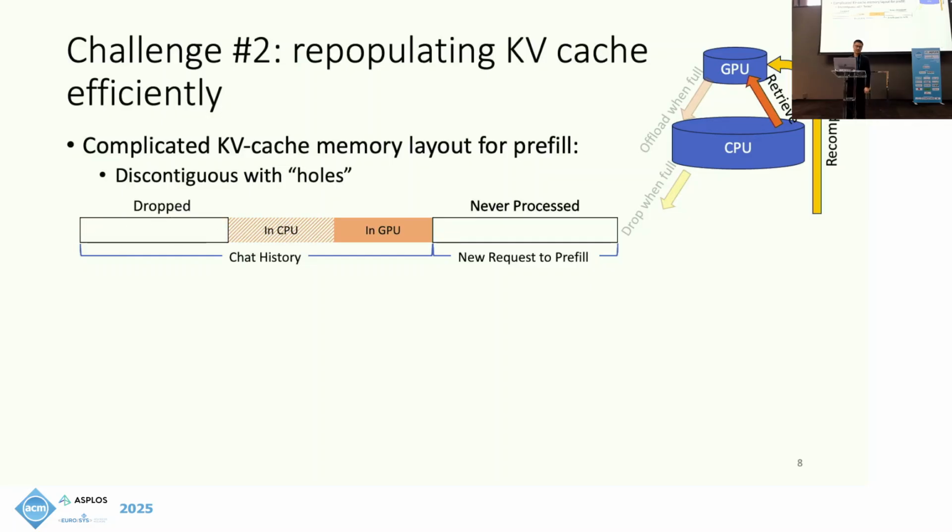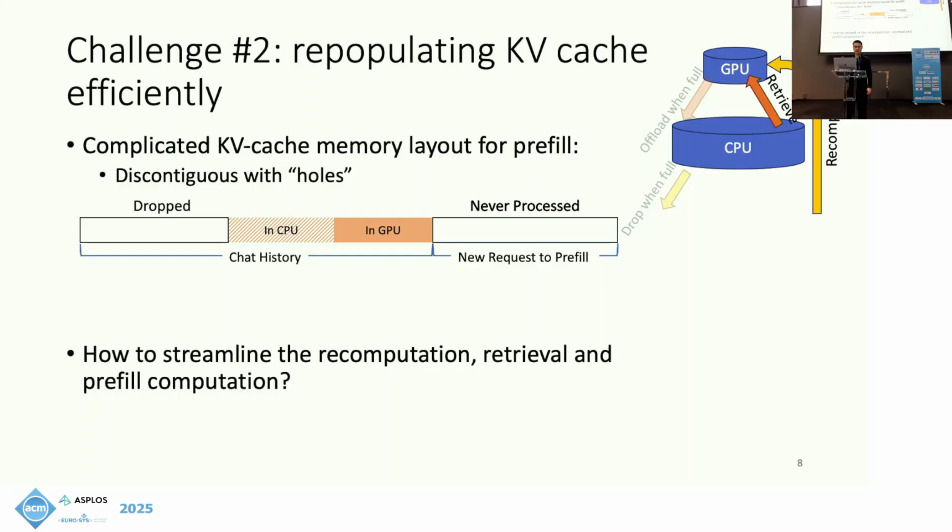But as CPU also becomes full, we drop tokens out of the system. This creates this complicated layout where we have holes at the beginning. We have tokens residing in different devices. And even for those tokens in the GPU memory, they are not necessarily contiguous in memory, for a similar reason as PagedAttention.